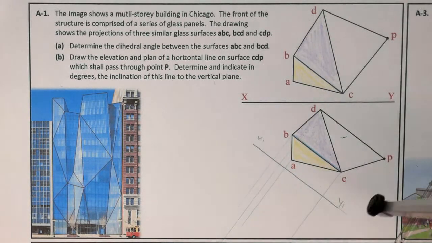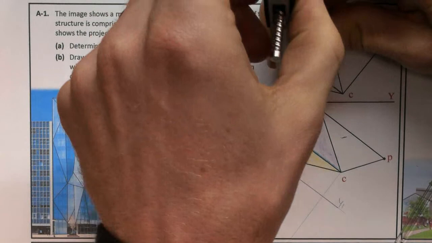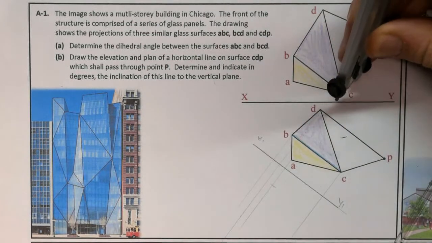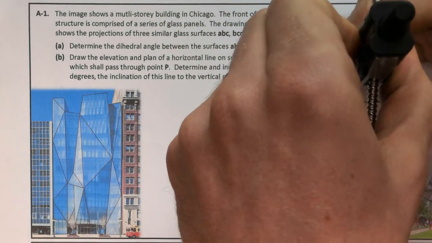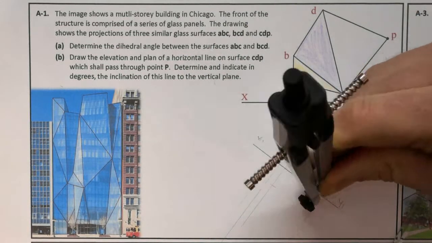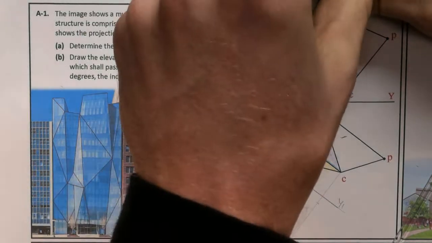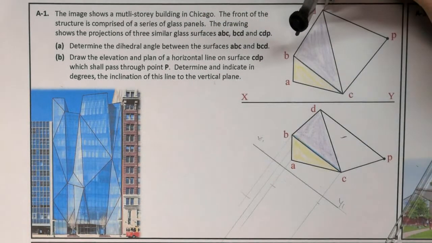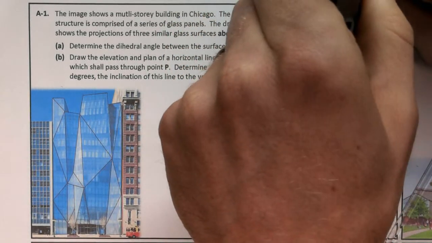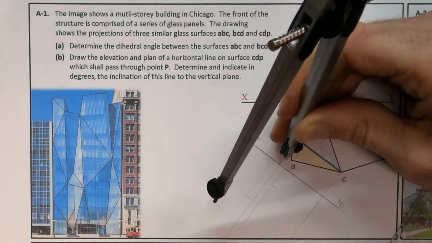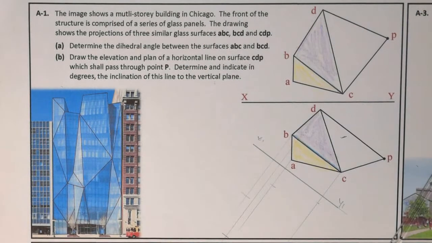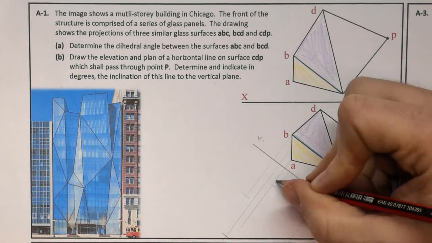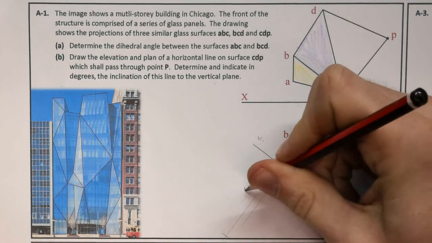So height of A, step it off here, height of C, that off, B, and D. Okay, so join those up, we got C, A, B, and D.